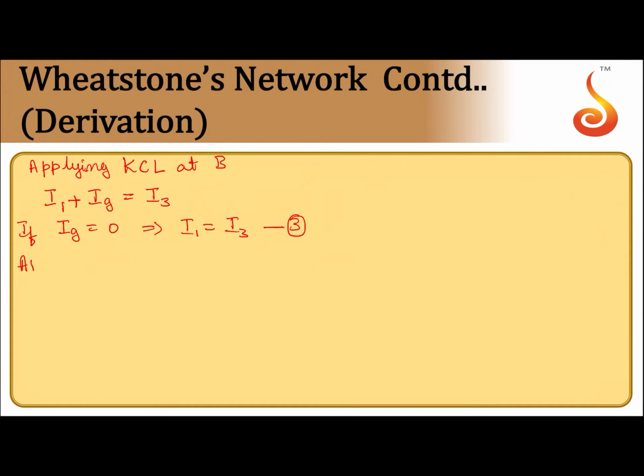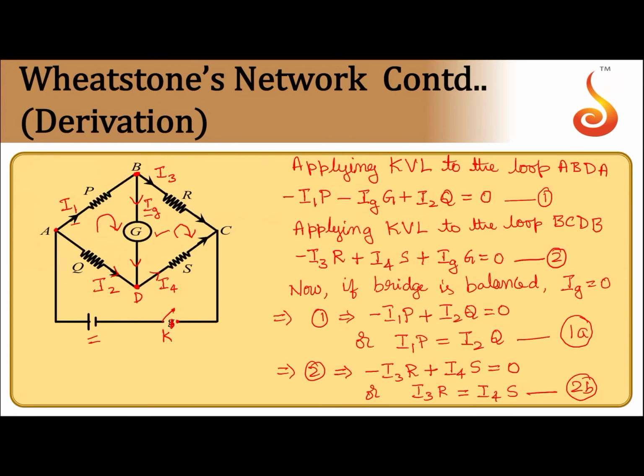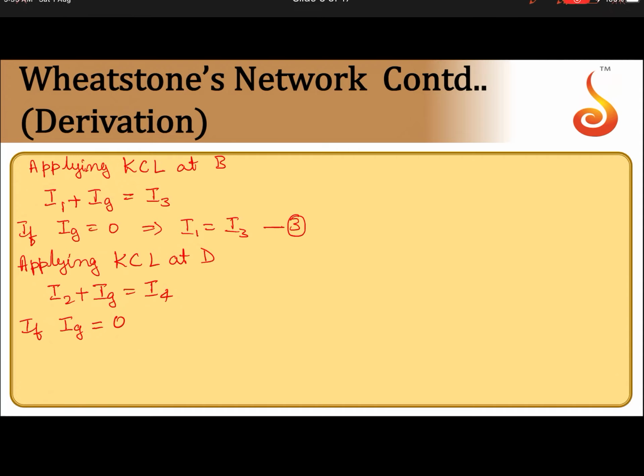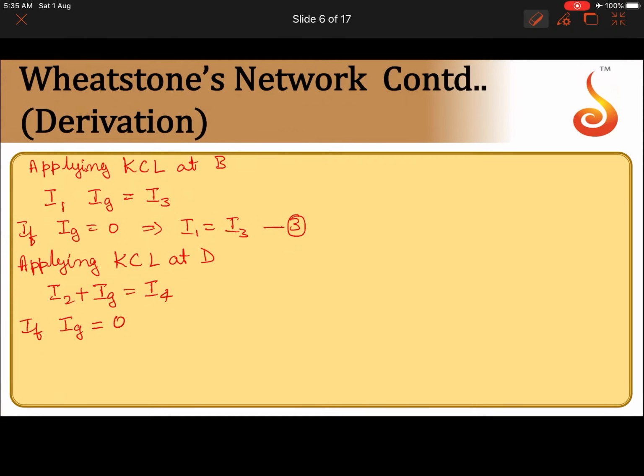So applying KCL at D, I2 plus Ig is equal to I4.